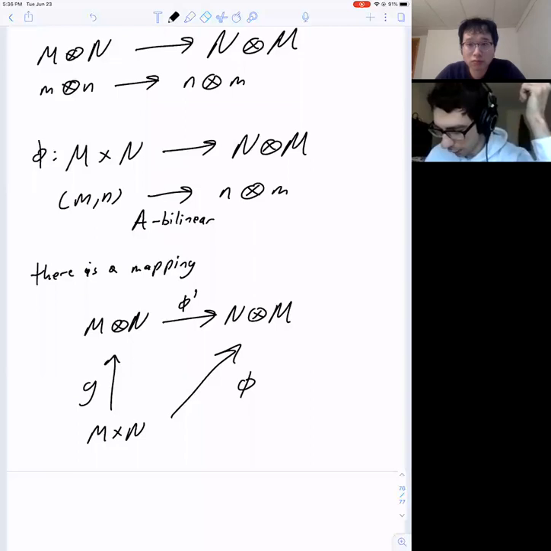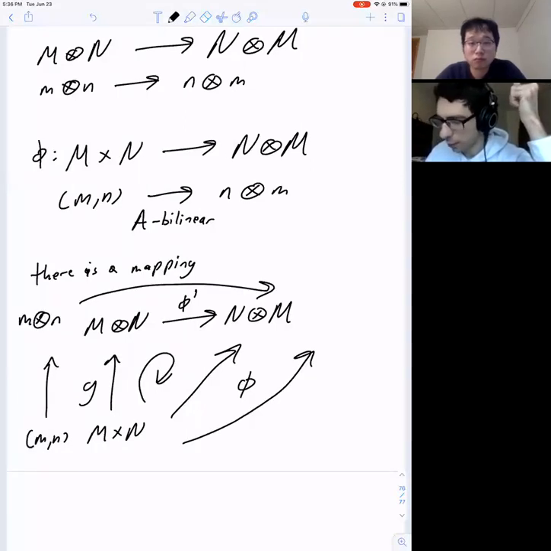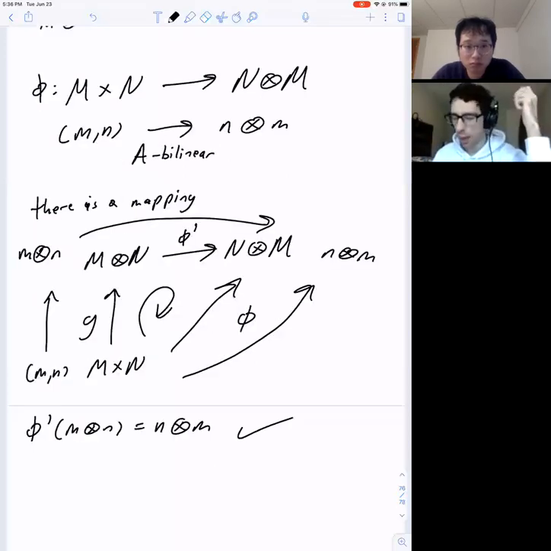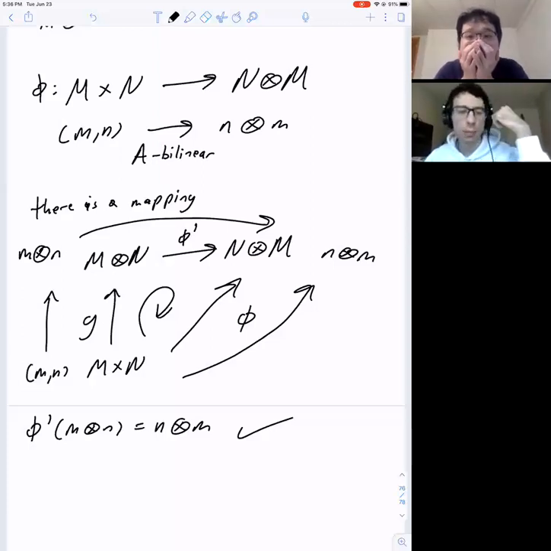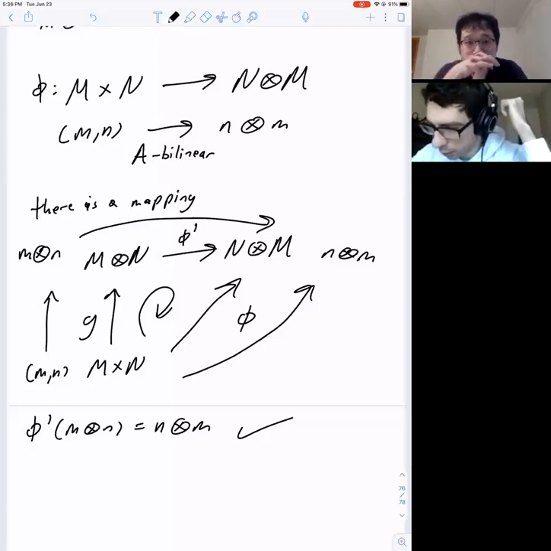So if you have M comma N maps to M tensor N, and then this maps this way to N tensor M, it only makes sense that phi prime of M tensor N equals N tensor M. So we have proved that this map is well defined. So using this universal mapping property of the tensor product, we are able to prove that this mapping that we expect to work is in fact well-defined.